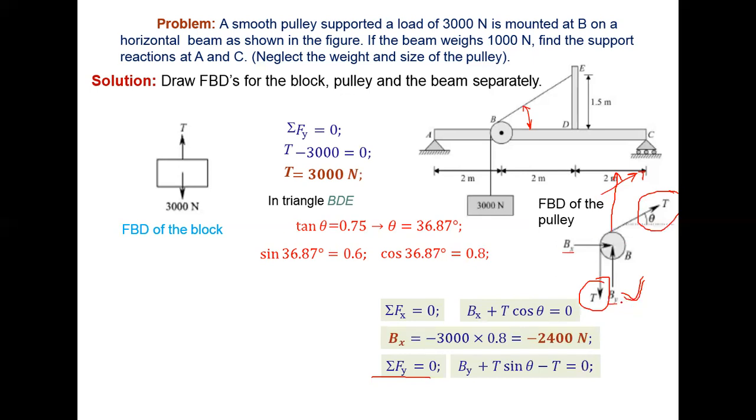Okay, so let's consider the vertically upward direction as positive. So By will be positive, and T sine theta will also be positive because it is acting vertically upward, and this T is acting vertically downward. So we will get a negative sign here, so minus T.